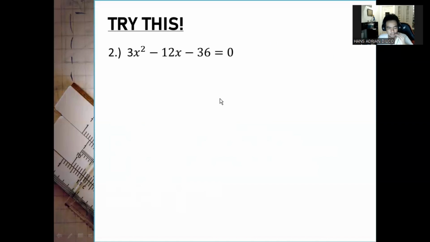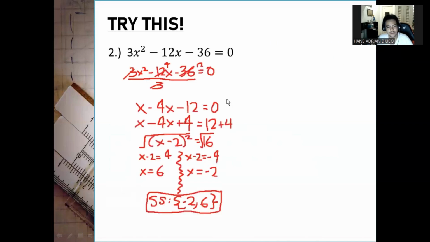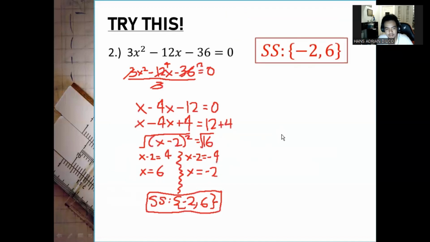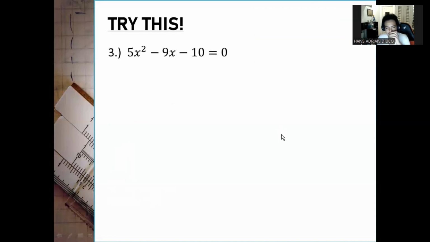I have something for the next one. Oh, done. Oh yes, you divide everything by 3 because they're all divisible by 3. And you get a smaller equation that you can work with. And the answer is -2 and 6. Correct.